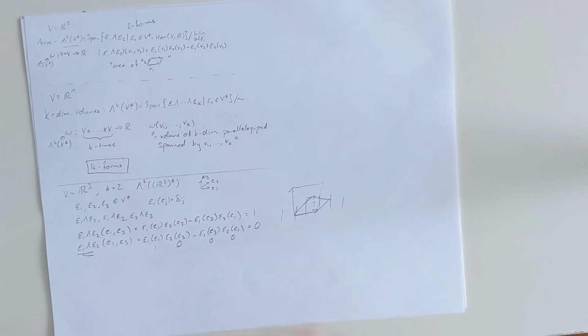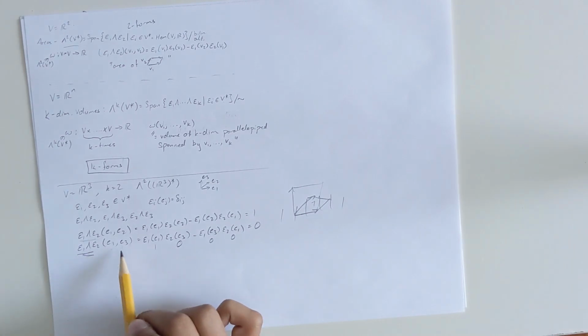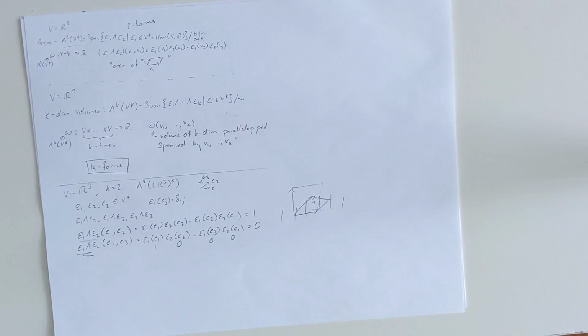But actually, the notion of what area will give if the parallelogram lies in the plane spanned by these guys is basically the same thing as reducing it down to a two-dimensional case and then evaluating it there, which works. But in another case where the two vectors are outside of the plane, then it's a bit more subtle.